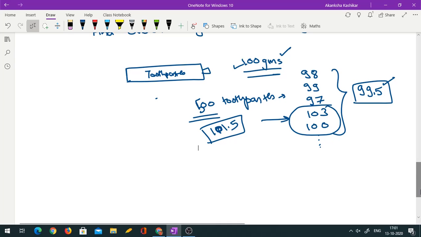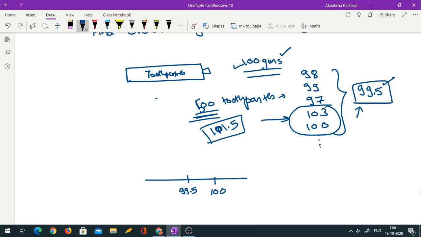So what statistics tells us is, okay, I have 500 toothpastes, I have data on all 500 toothpastes, and from that I have recorded this as a probable value. So 99.5 is a probable value, but is this variation due to chance or is it a serious variation?